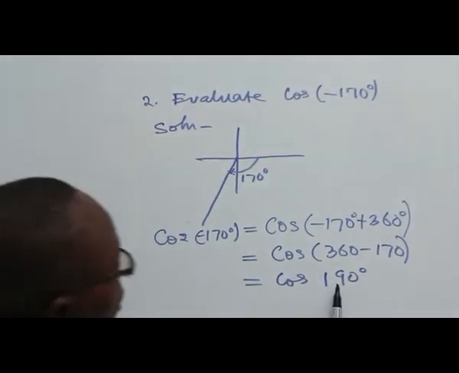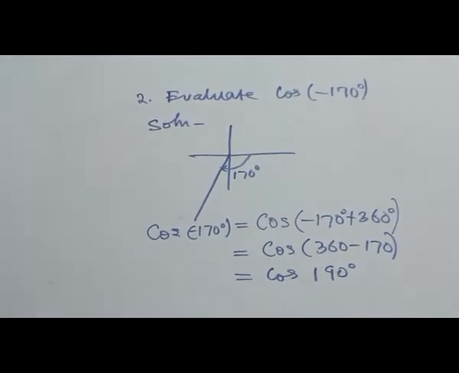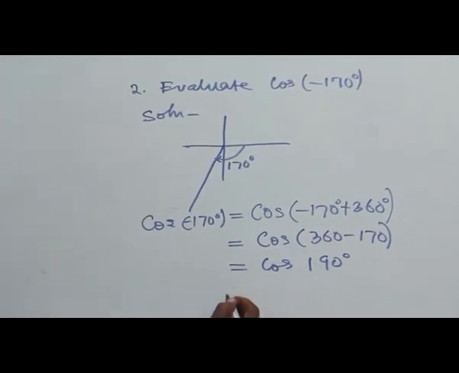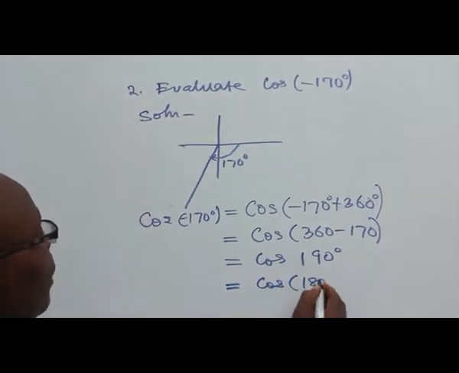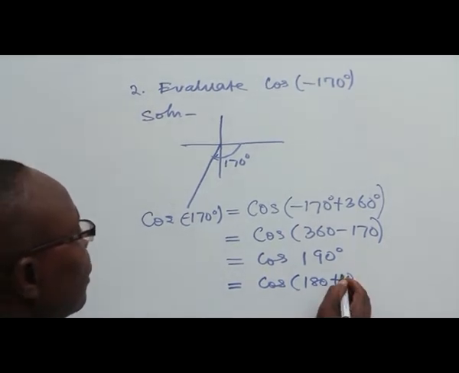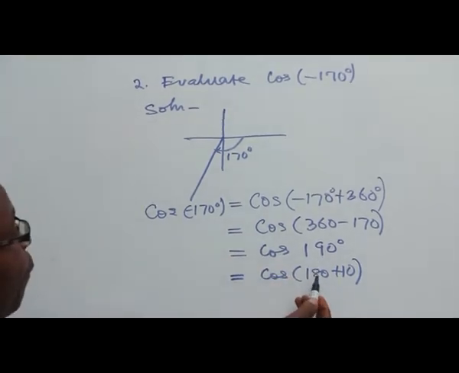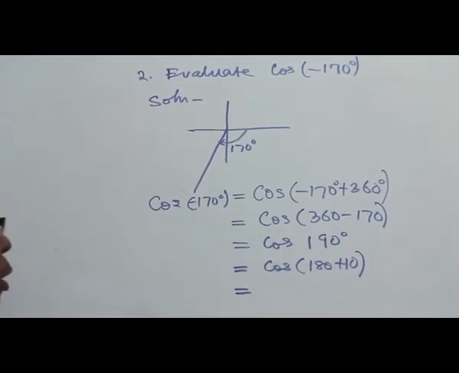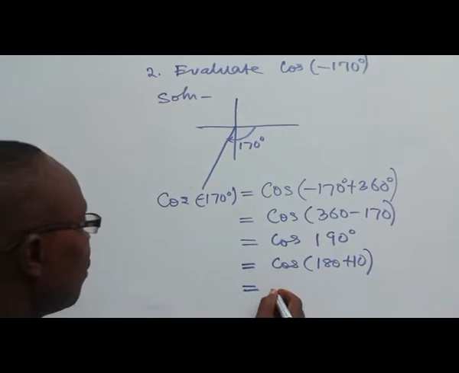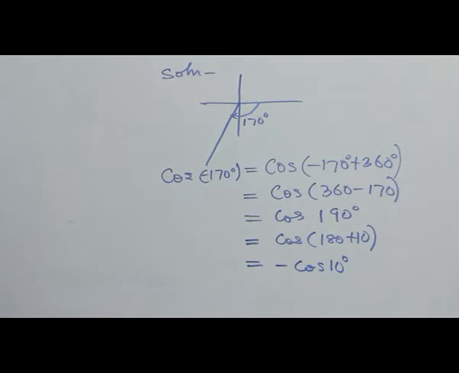At this point, you still have 190 degrees as an angle that is more than 90 degrees. So we can convert this one to its acute equivalent by writing this as cos of 180 plus 10 degrees. Recognize that you have passed the second quadrant, you are now in the third quadrant. And recall, in the third quadrant, cosine is negative, so it becomes minus cos 10 degrees, the acute equivalent of 190 degrees.